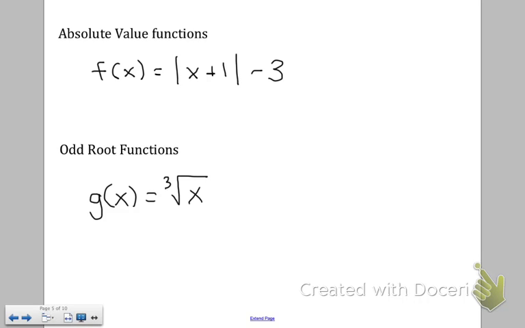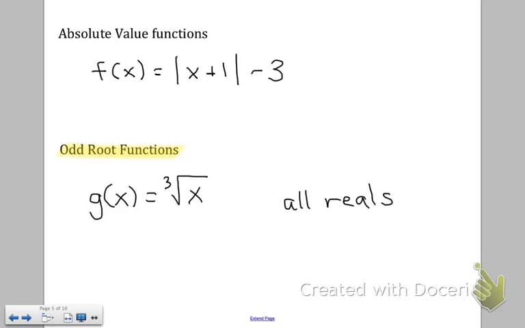Now, it's very important that you realize this is an odd root function. When we talk about even root functions next, it's a different scenario, so you've got to pay close attention to if it's an odd root. When we're talking odd roots, most commonly we'll see the cube root, but it could also be a fifth root, a seventh root, a ninth root, and so on. Any odd index will have a domain of all real numbers.